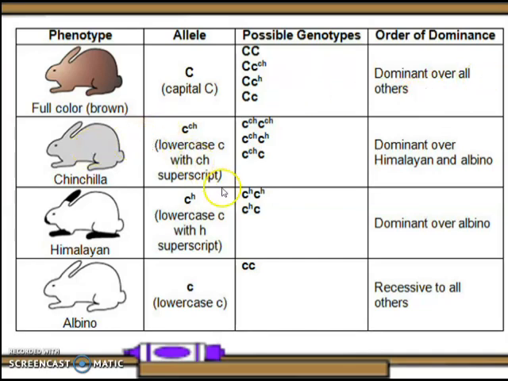Chinchilla is represented by lowercase c with ch superscript, and here's the possible genotype, and it is dominant over Himalayan and albino. Himalayan is represented by lowercase c with h superscript, and here's the possible genotype. This is dominant over albino. The albino is represented by lowercase c, so here's the possible genotype, and it's recessive to all others.